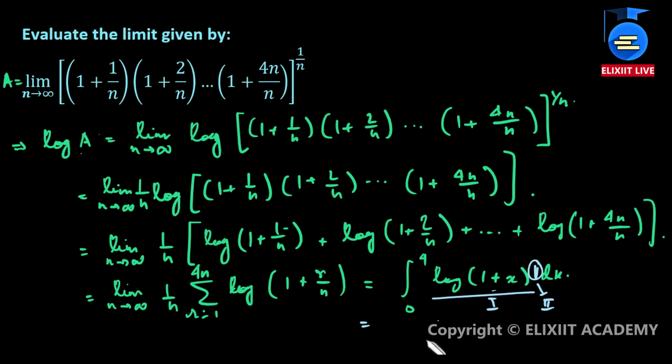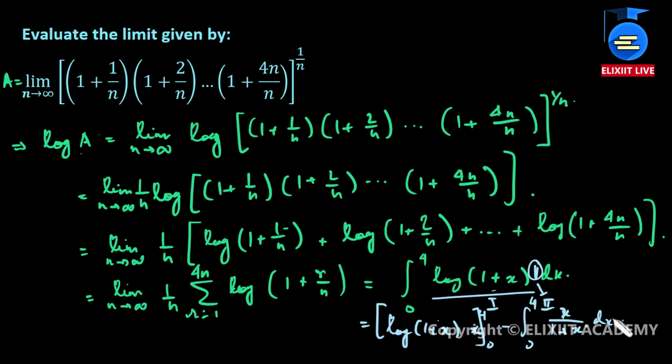So the first function is log of 1 plus x, times the integration of the second function, that is basically x. Range goes from 0 to 4, minus integration 0 to 4 of the differentiation of the log of 1 plus x, that is basically 1 upon 1 plus x, and then the integration of dx, that is basically x.